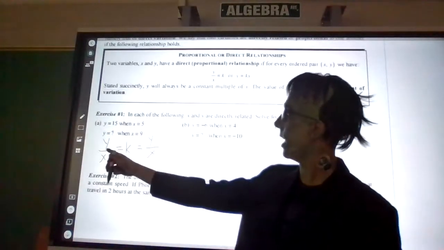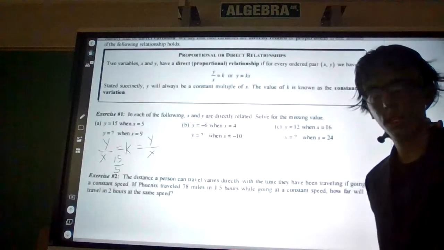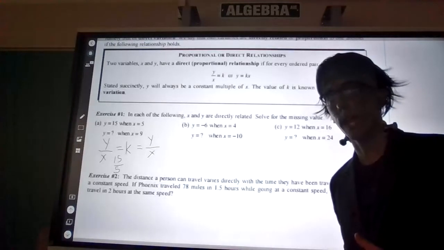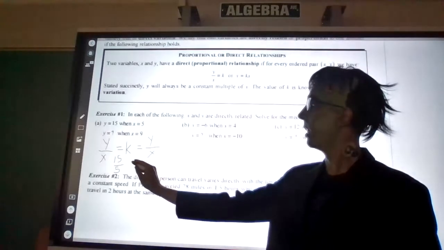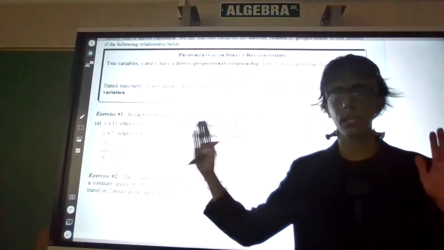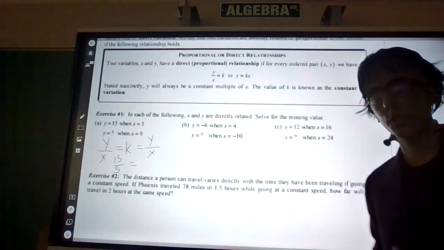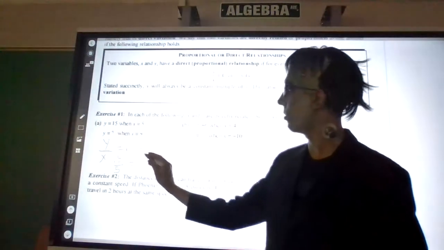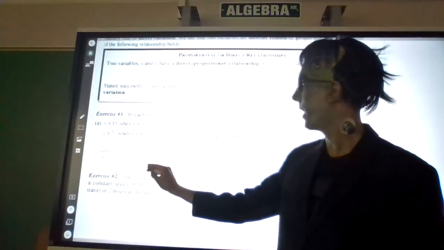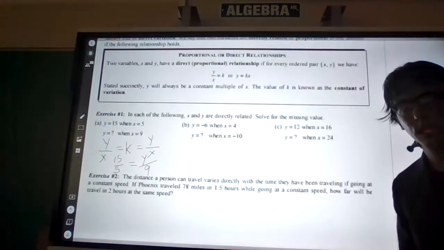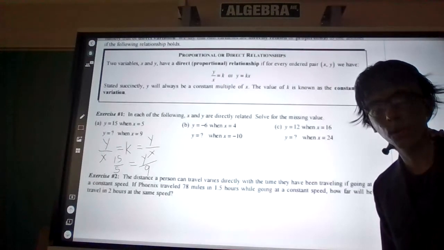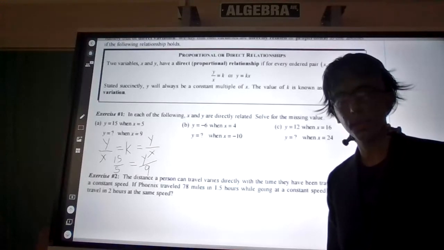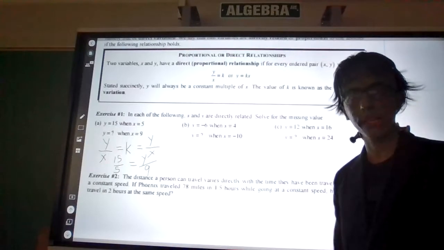Since y over x is equal to k, which is equal to another y over x, I can take k out and just use the two fractions, the two proportions on the ends. So I would take y, which I don't know, I need to find that y, and that's divided by 9. So I have 15 over 5, the first y and x they gave me, and I set that equal to y over 9, because I don't know that second y, but I know what x is there.